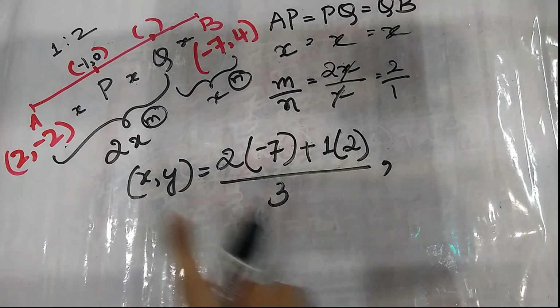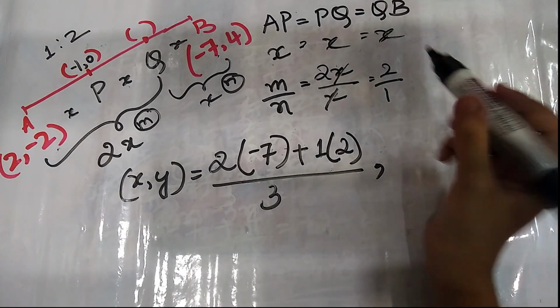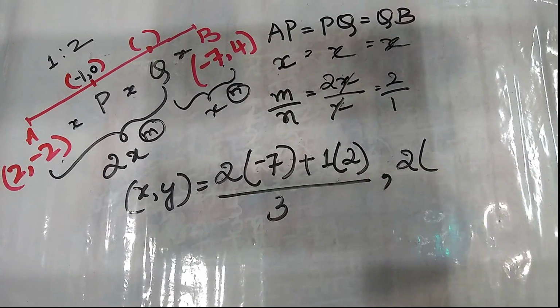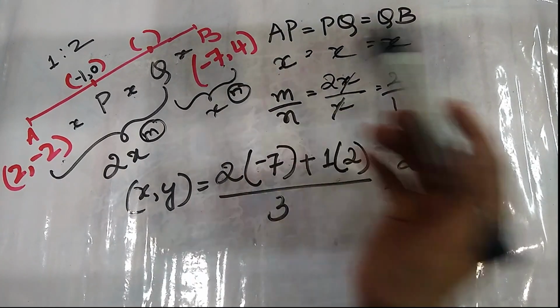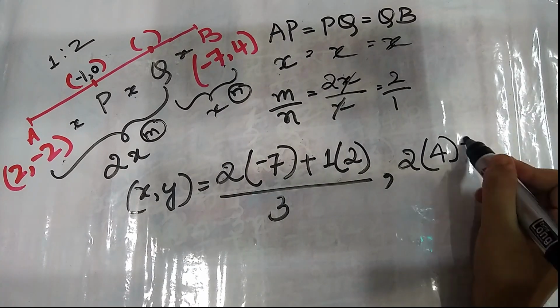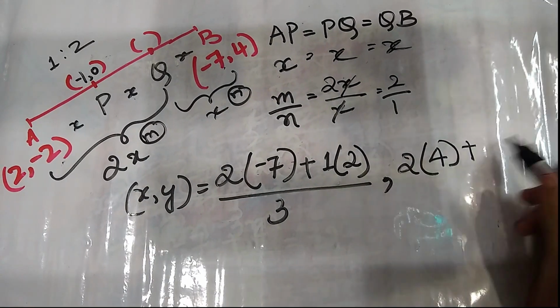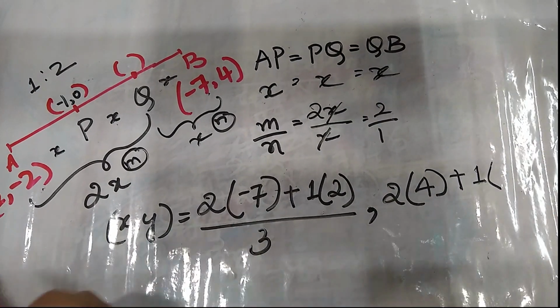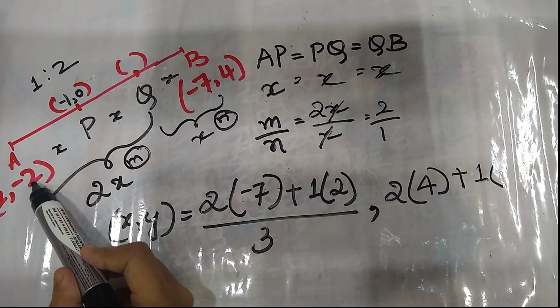Then we do the y coordinate. For the y coordinate, the formula will be m, which is 2, into y2. Now what is y2? It is 4, plus n, which is 1, into y1, which is minus 2.